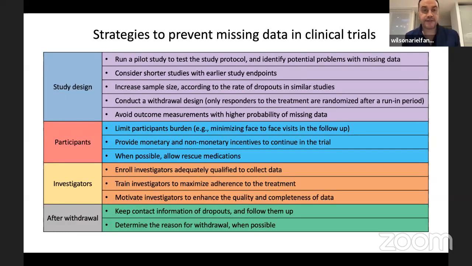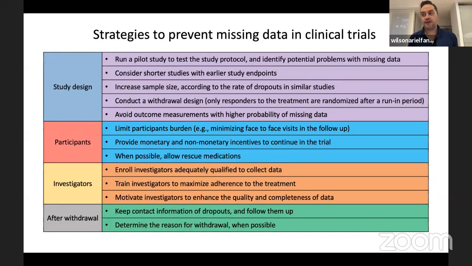So great. This is basically the framework of what we would do in terms of the prevention of missing data. And I can't stress enough that this is probably the most important thing, because as I said, if you are having a lot of missing data, you're really in trouble.